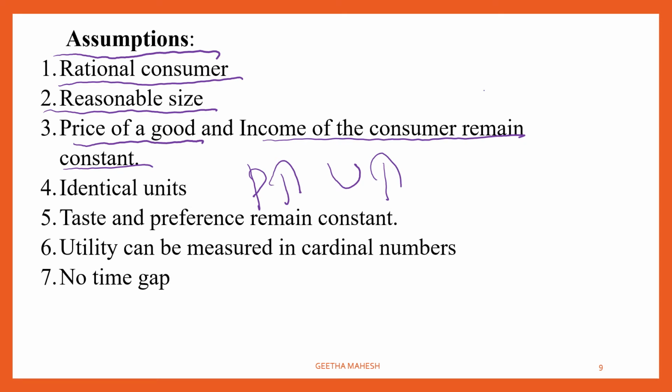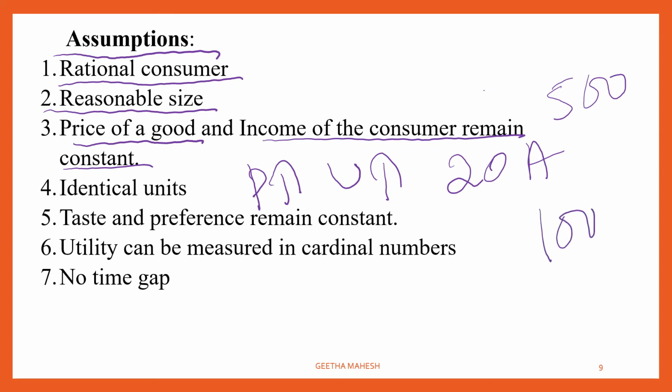In the same way, if a consumer is paying 20 rupees for a product when his income was 500, and now his income decreases to 100 rupees, then he may have greater utility from the 20 rupees. Then he may get a higher utility from product A.